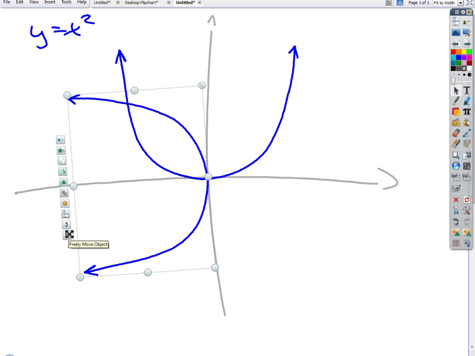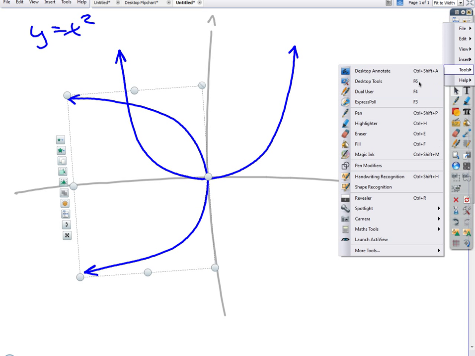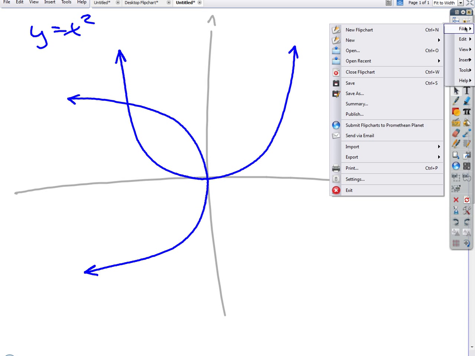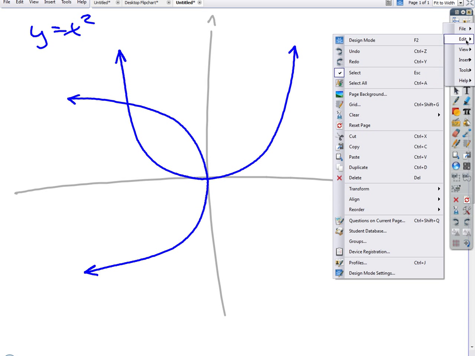Now if I want to reflect that over the y-axis, there's a way to do that too. Math tools. Transform.